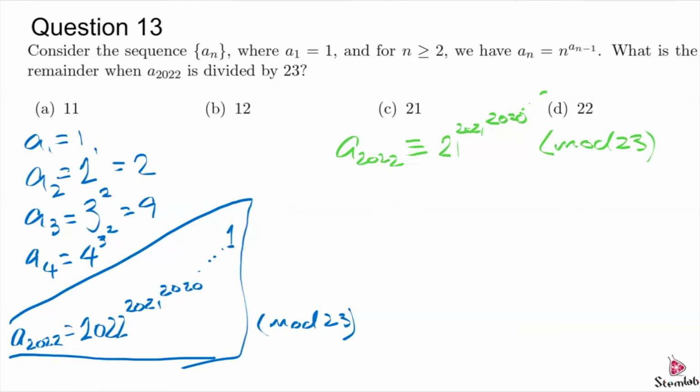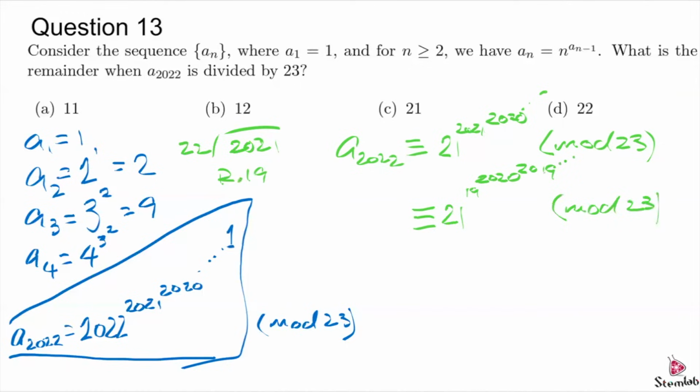So we will divide 2021 by 22, okay, and get the remainder. The remainder is 19. So we can further reduce this expression to 21 raised to the 19, raised to the 2020, 2019, and so on, mod 23.